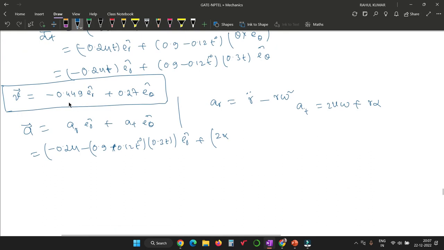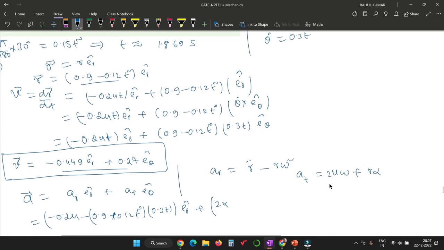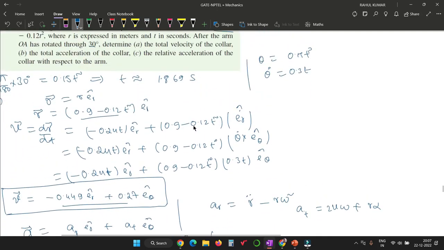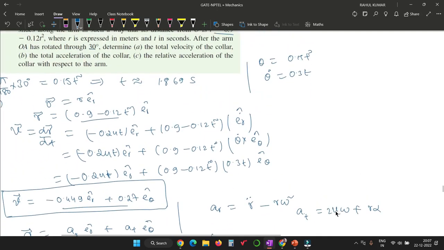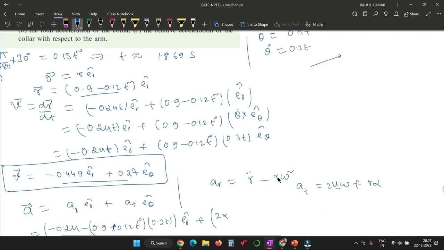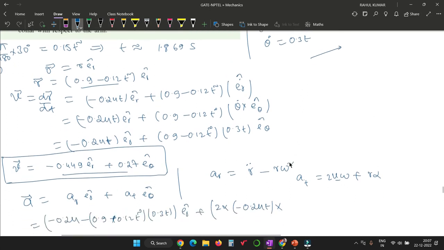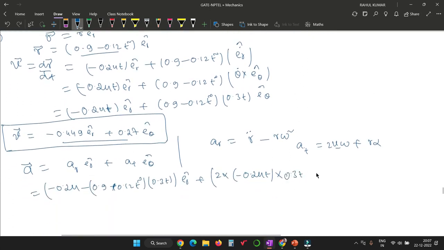You have already determined it: it is the slider's velocity, found by the derivative of r, so minus 0.24 t. Multiply by omega, which is 0.3 t.